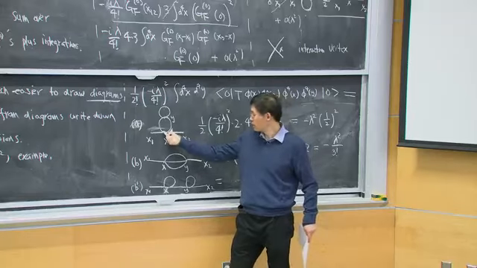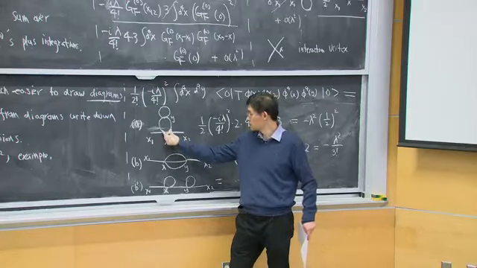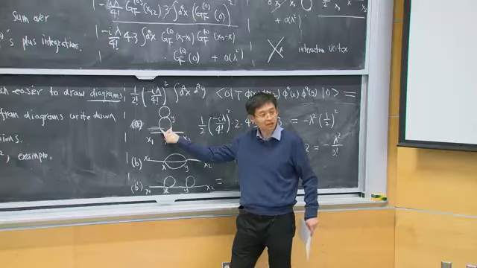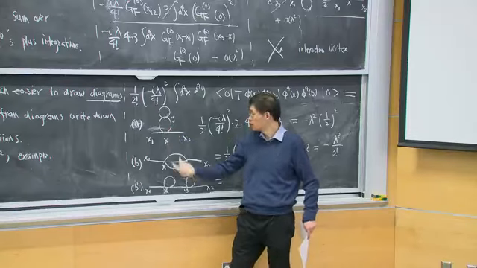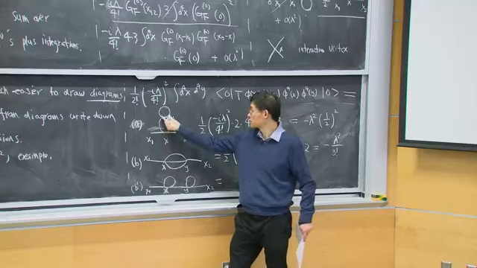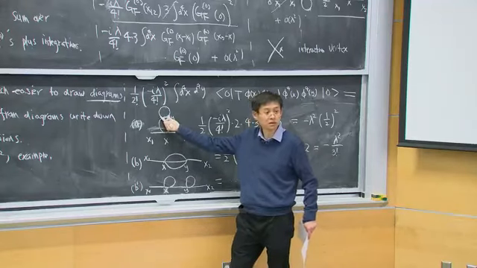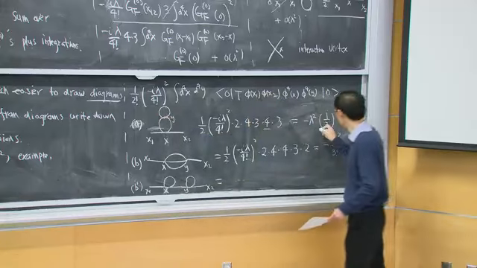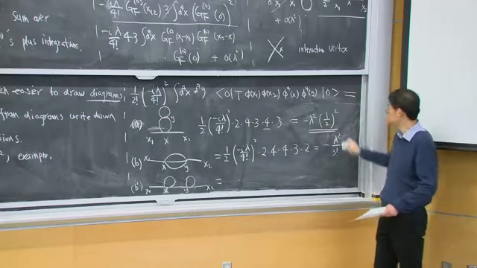But for the vertex coming from x, these two legs are symmetric, so there's a factor of 2 from permuting them. And for y, again two of them are symmetric. That's why we divide by 2 symmetry factors, so this 1/2.